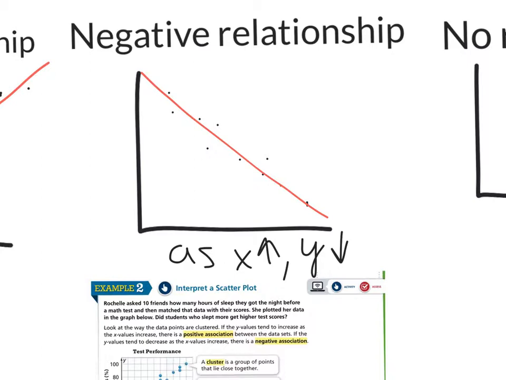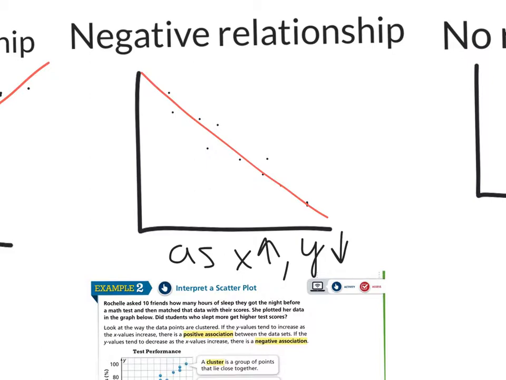Okay, so this one you can see as our X values are getting bigger, our Y values are getting smaller. So if you do the thumb test on that one, the one goes up, the other one goes down. They're doing opposite things as a negative relationship or negative association.